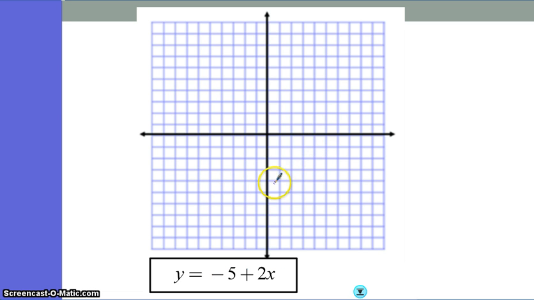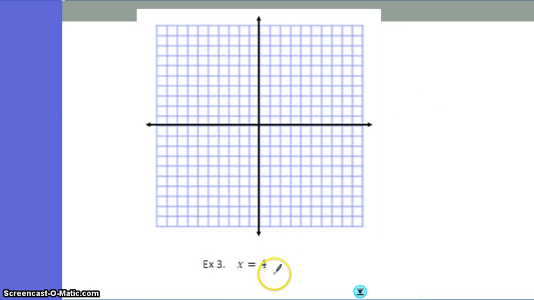Okay, so again, here's another example. You'd start at your y-intercept at -5, and then you're going to use your slope. Now, a slope of 2 is up 2 and over 1. You'd want to turn this into a fraction to be able to graph. Now, watch those again if you need to, but I'm hoping this is review.